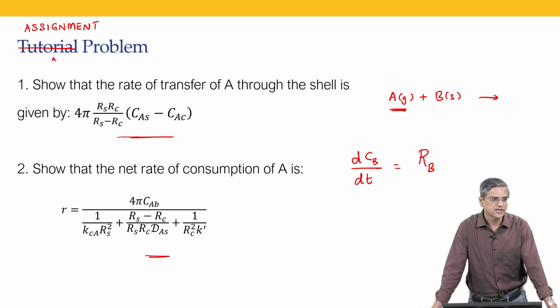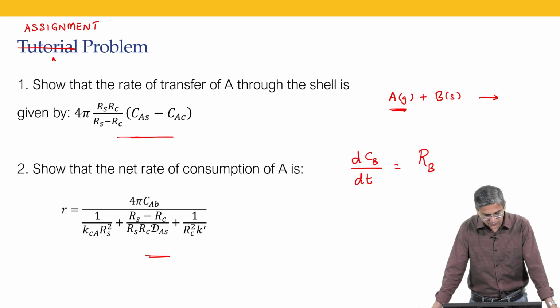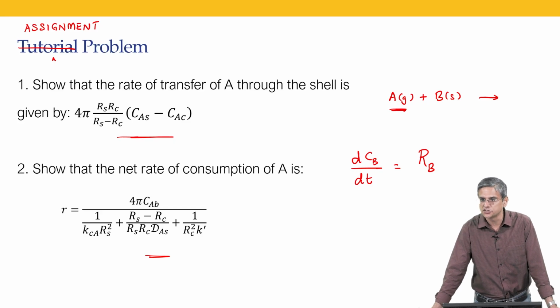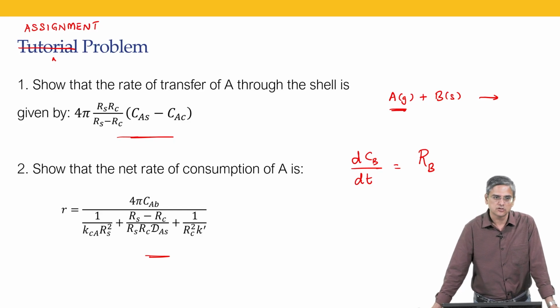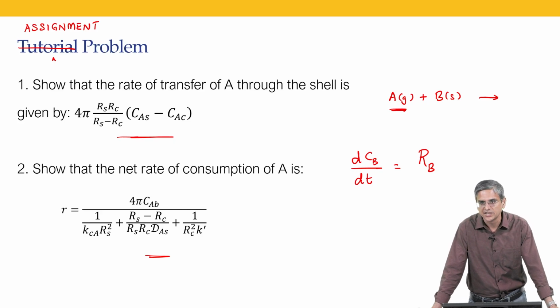A lot of times your RB was given to you. In this case, for example, if the rate of reaction does not depend on the concentration of B, it just happens to be 0th order in the concentration of B and has a dependence on the concentration of A. Otherwise, it might have a dependence on the concentration of B as well, depending on the situation. So, this is what this expression is going to be.